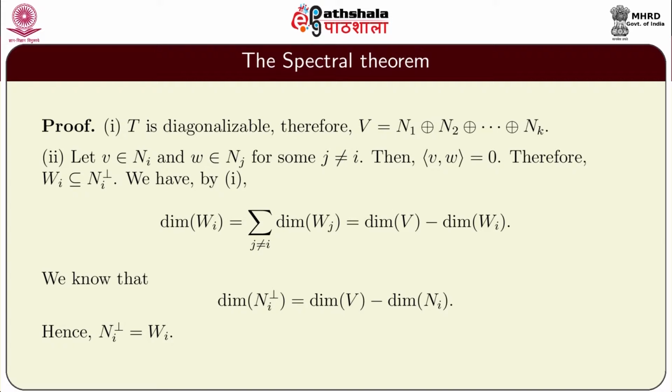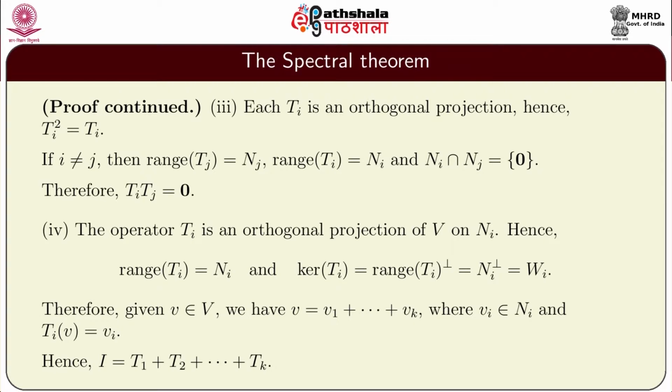Then inner product of v and w is 0 and Wi is contained in Ni perp. We have by part 1 dimension of Wi is equal to summation of dimension of Nj for j not equal to i, which is the same as dimension of V minus dimension of Ni. And we know that dimension of Ni perp is dimension of V minus dimension of Ni. Hence, Ni perp is equal to Wi.